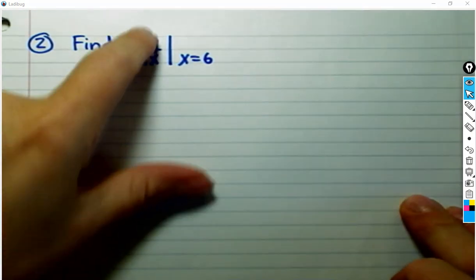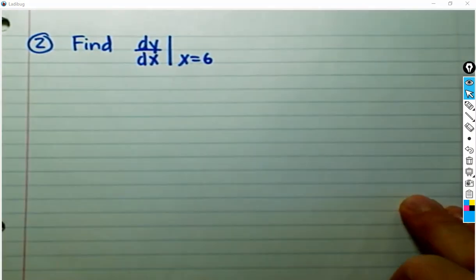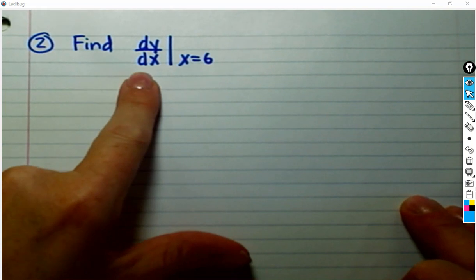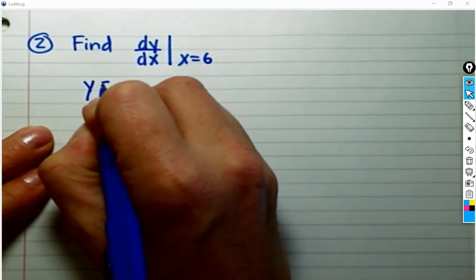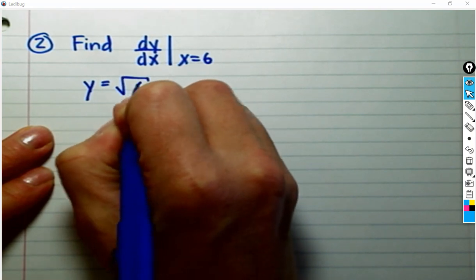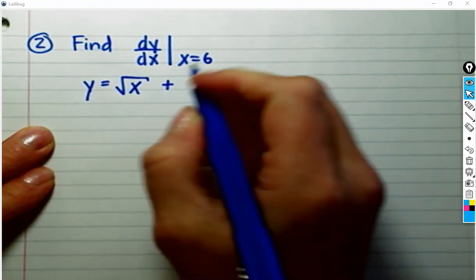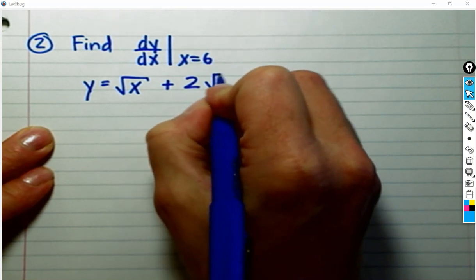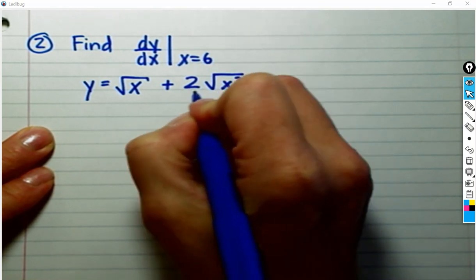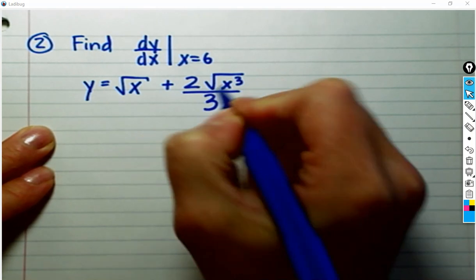That means the derivative, right? dy dx is the slope at 6. Okay, so here is your y equals square root of x plus 2 square root x cubed over 3.